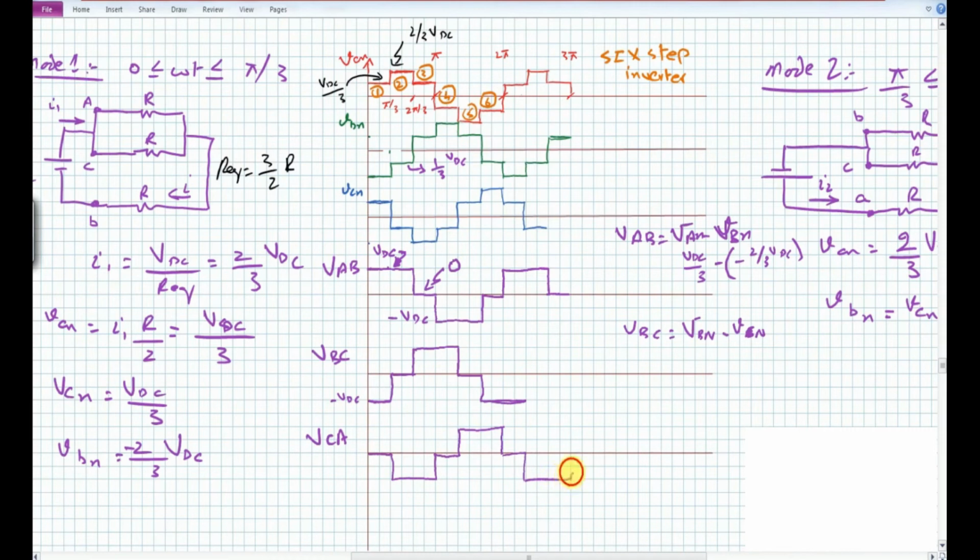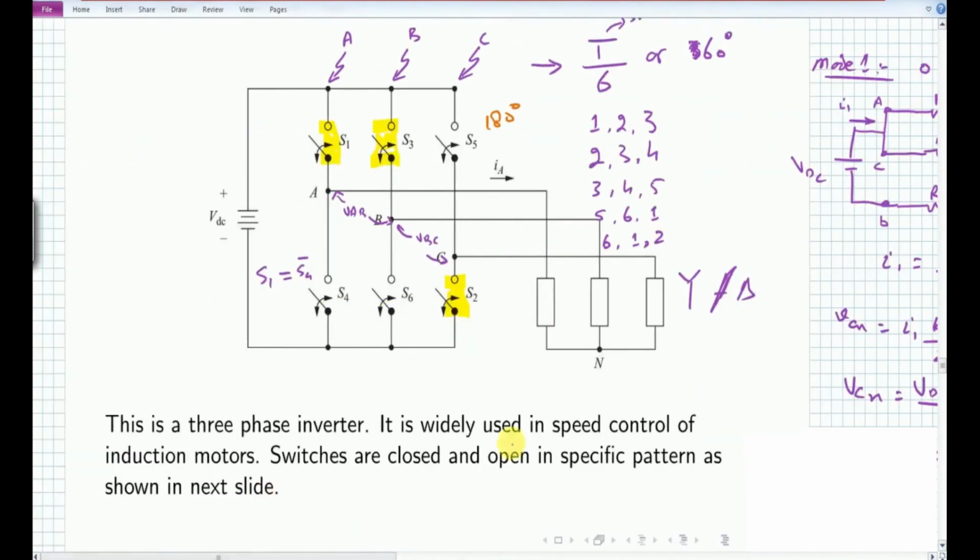So you can see here that we have a phase voltage which has 3 different levels available at the output, and that is, the phase to phase voltage has either a value equal to plus VDC, or it has a 0 value, or it has a minus VDC value. However, the phase to neutral voltages VA of n, VB of n, and VC of n have different steps available, and there are 6 steps available in one complete cycle, and therefore owing to this property, this type of an inverter is known as a 6-step inverter.